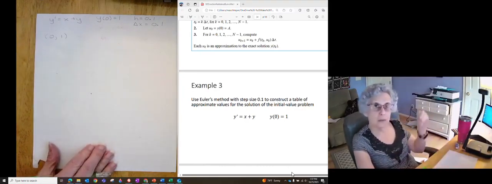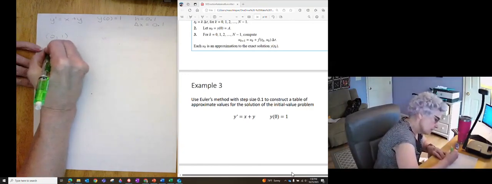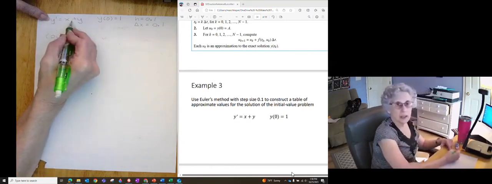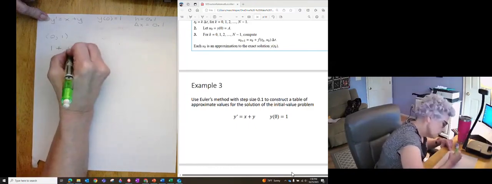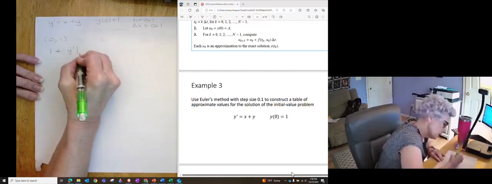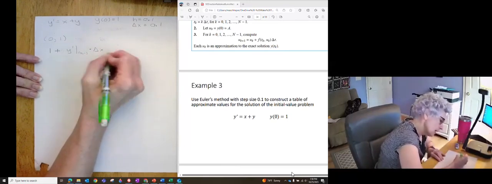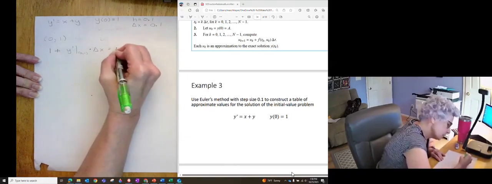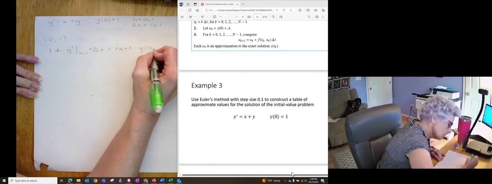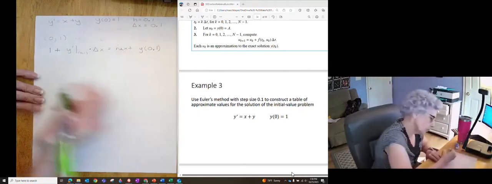So I know that my first point is (0, 1). I want to get to my next y value. So my next y value is going to be my first y value plus y prime evaluated at (0, 1) times my delta x, which gives y at x equal to 0.1.